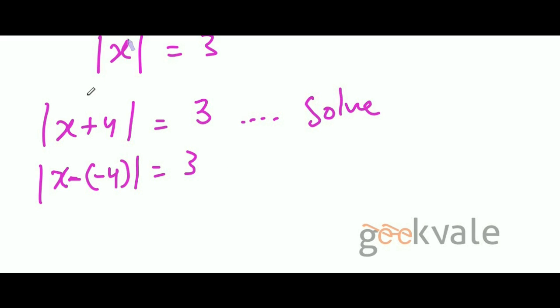For example, when you've been given the center point and you want to find out the positions which are that many units from the center point, then how to solve that absolute equation to find those positions. Also plotting, how to plot the absolute equations. We're going to work on that in a separate lecture.